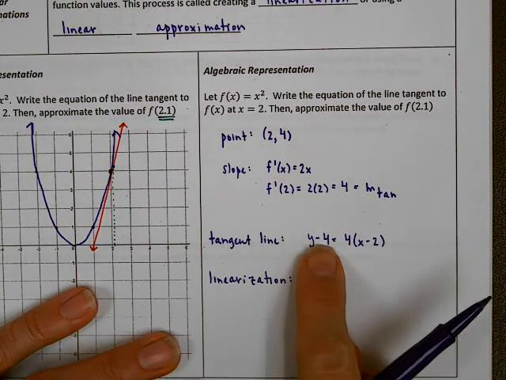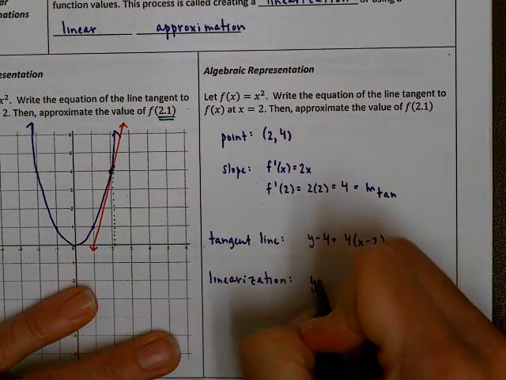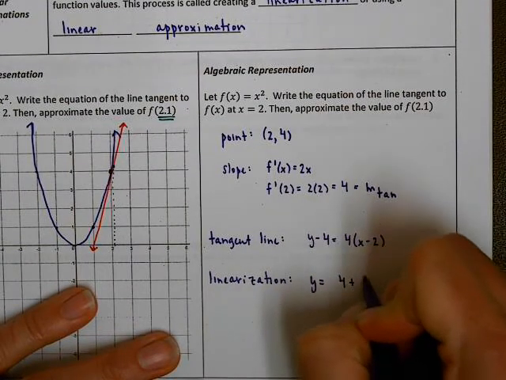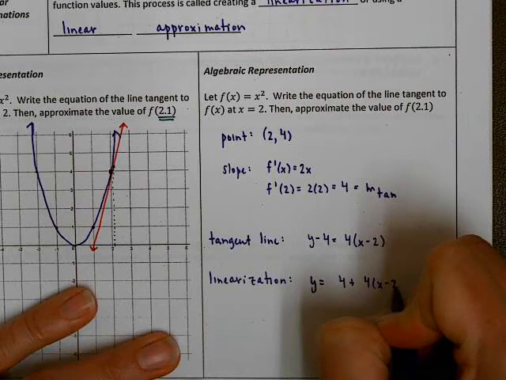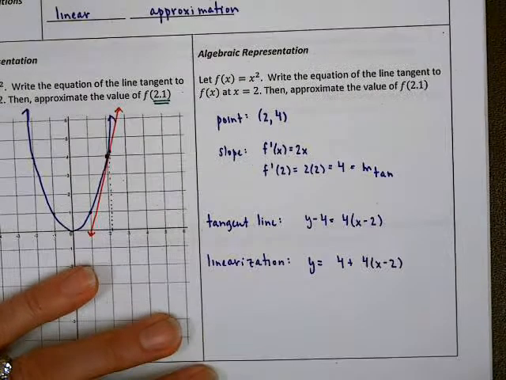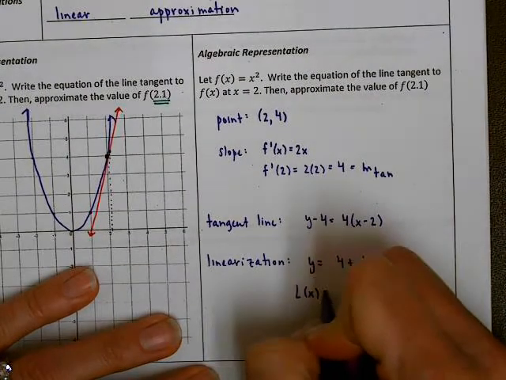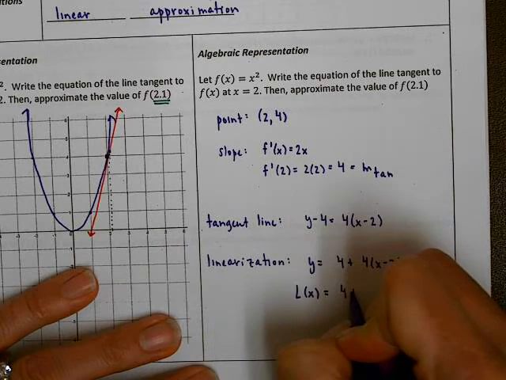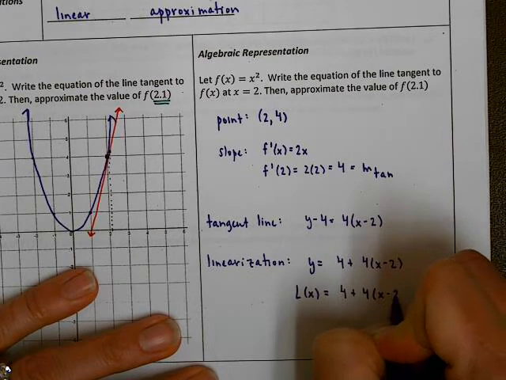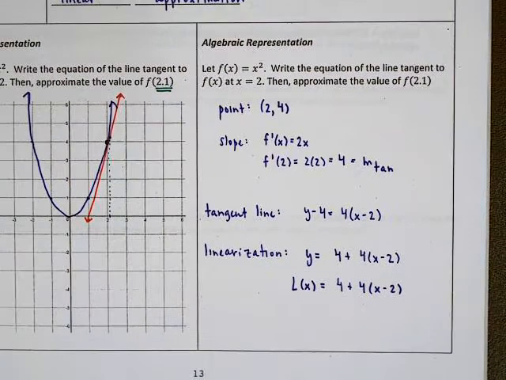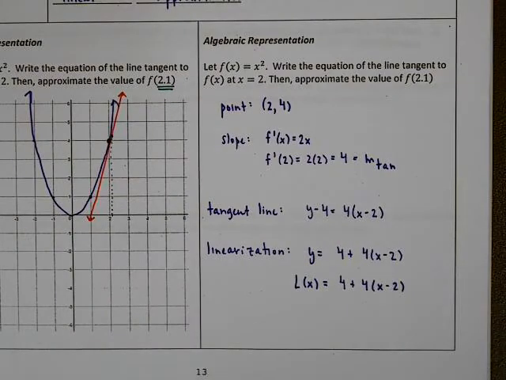So I'm going to do that by adding 4 to both sides. So I'm going to do 4 plus 4 times x minus 2. And then I like to call this, instead of y, L of x for linearization, is 4 plus 4 times x minus 2. So there's my linearization. Again, it's just a rearranged tangent line.